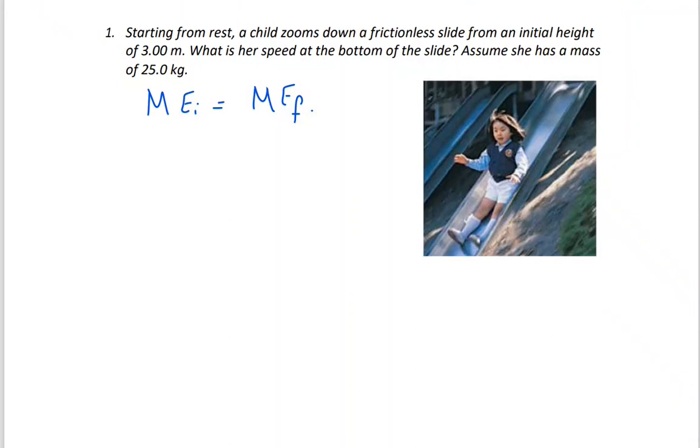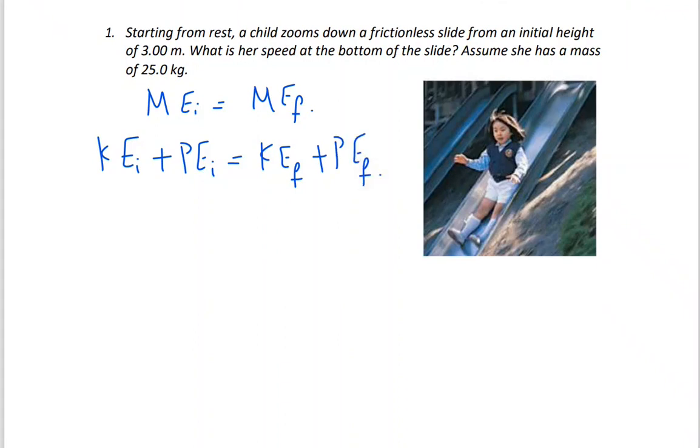Mechanical energy has two types, either kinetic energy or potential energy. Potential energy can be gravitational potential energy or elastic potential energy. So kinetic energy initial plus potential energy initial equals kinetic energy final plus potential energy final.